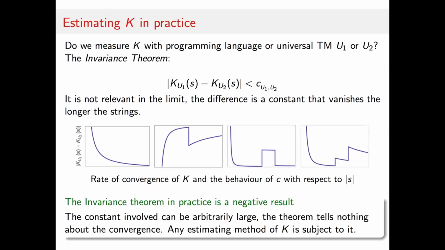So actually the most important problem for applications is the invariance theorem, that basically tells you that if you change the reference universal Turing machine, you are going to have convergent values in complexity. And the values do not depend on the choice of optimal universal Turing machine.